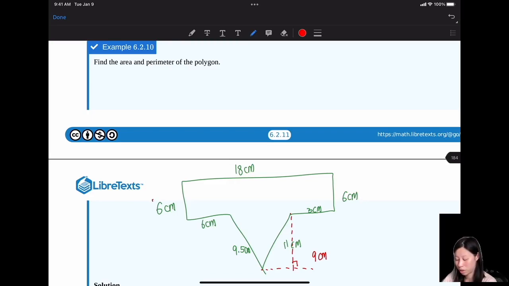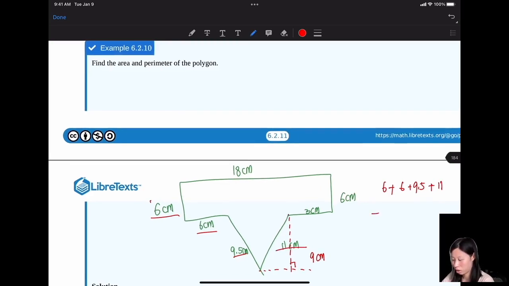We have 6, another 6, 9.5, 11, 3, another 6, and the top length is 18. So that should be the perimeter of this polygon, which is equal to 59.5 centimeters.